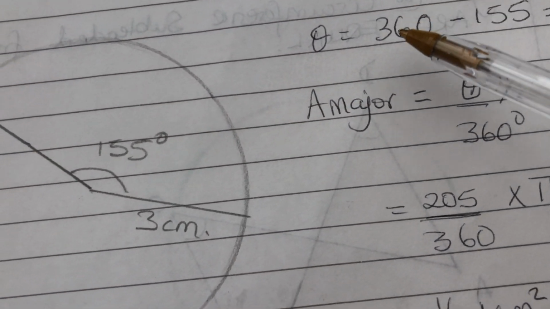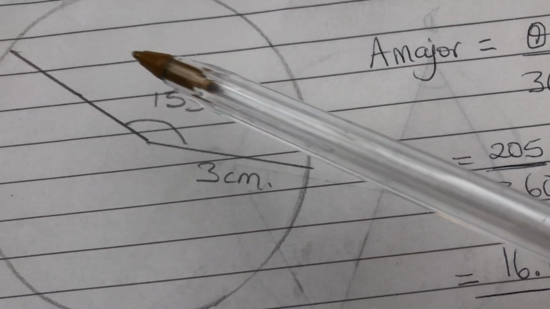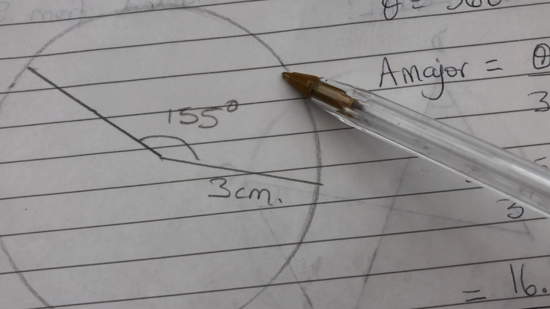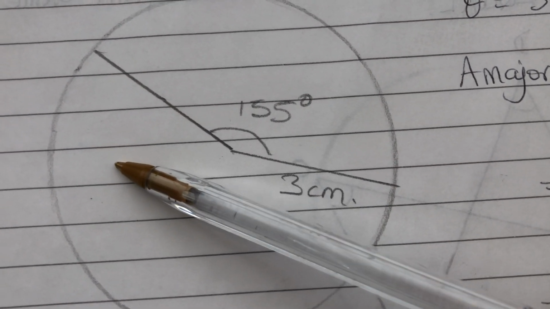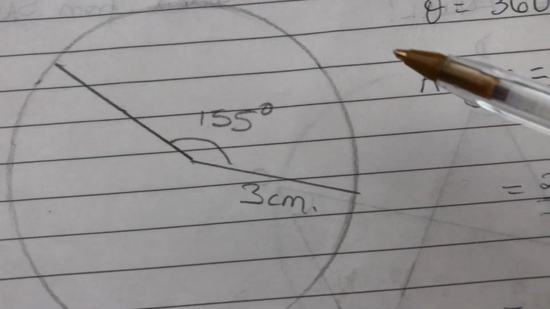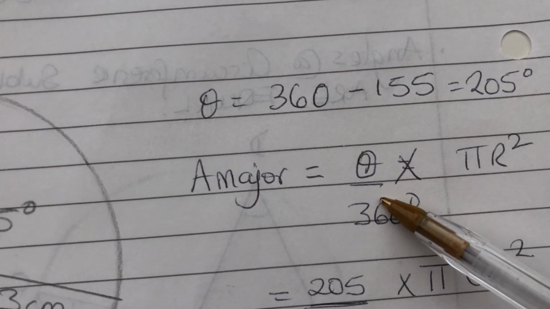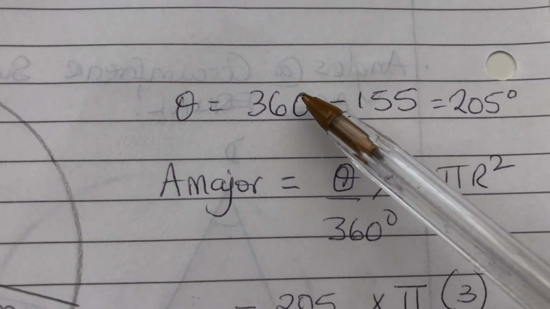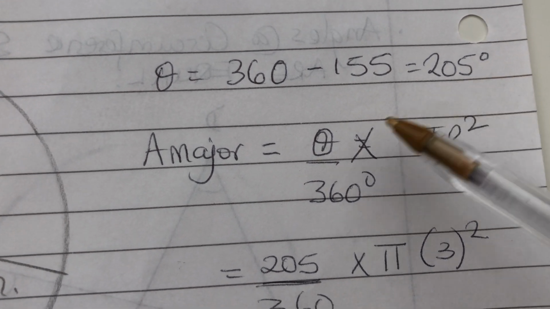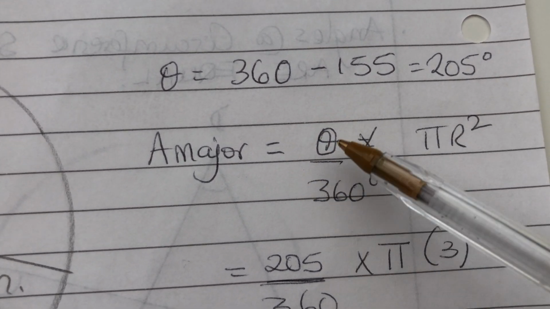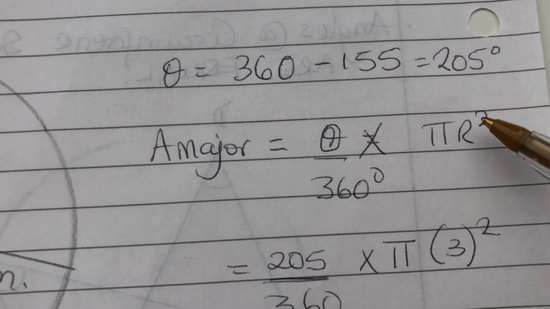They're asking you to find the major sector area, the one that is greater than 180. So when you subtract 155 from 360, you get 205 degrees. Then you use your formula: theta over 360 times pi r squared.